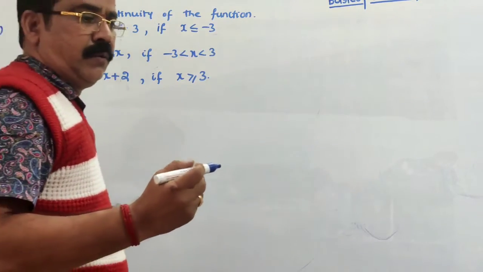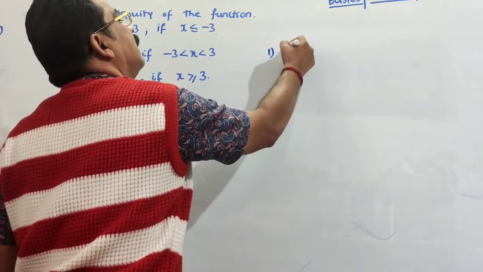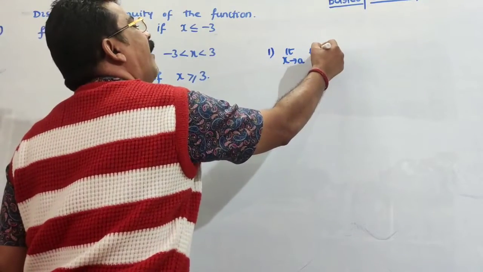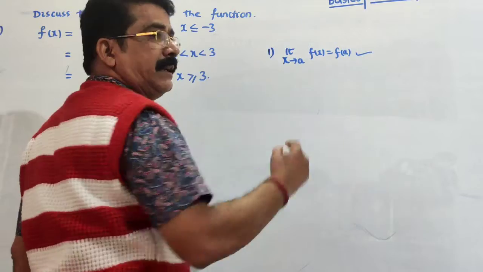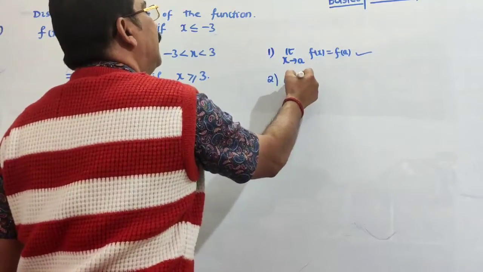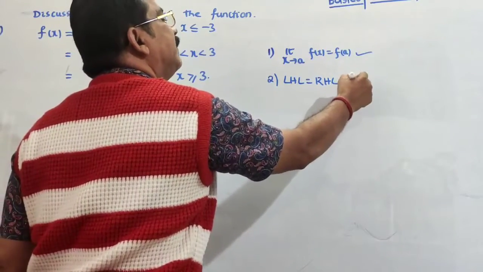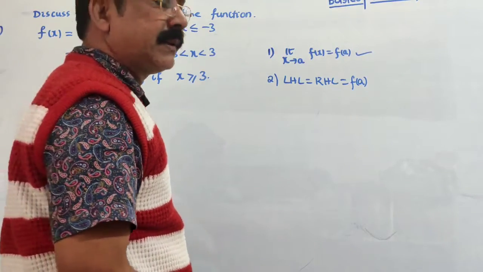Once again, we have two kinds of definitions. Number one, if limit x tends to a of f of x equals f of a, then it is continuous. Number two, left hand limit equal to right hand limit equal to f of a, then it is continuous.